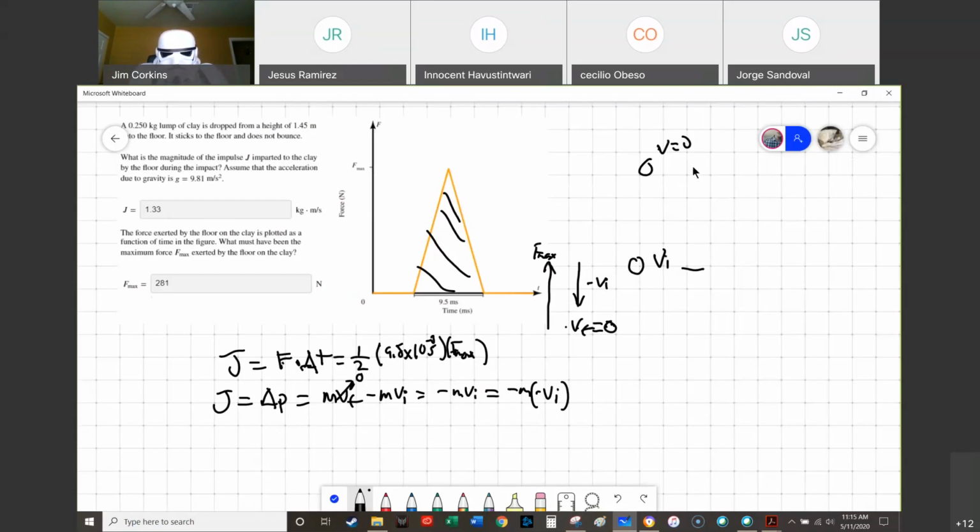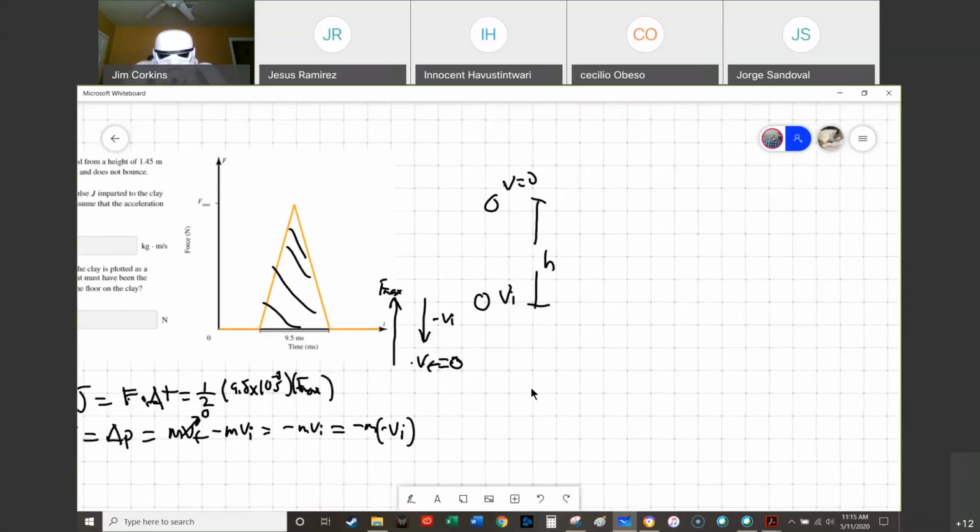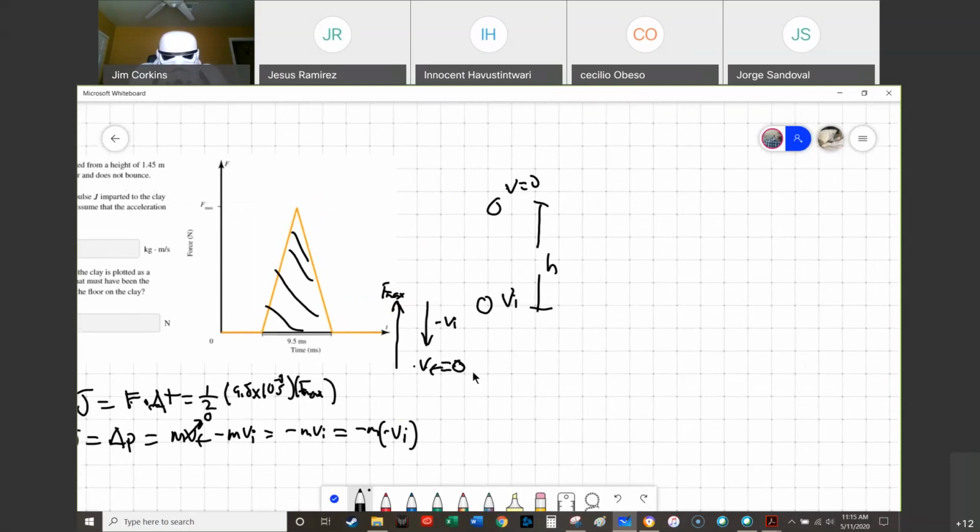It started with a height h. So the initial pie chart is all potential energy. And the final pie chart is all kinetic energy.